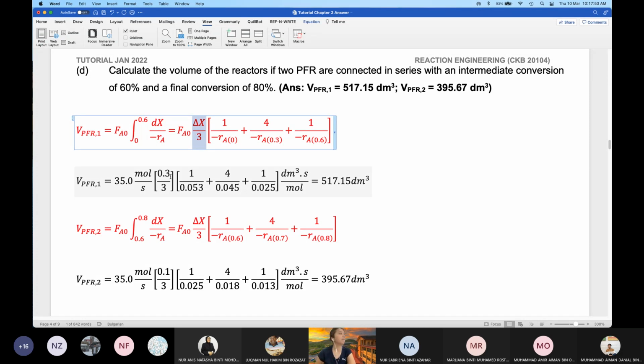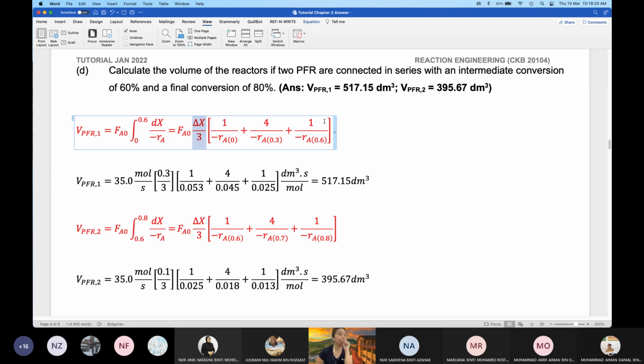Divided by 3. In the bracket, 1 per minus RA at my lower limit, which is X0, plus 4 per minus RA at my middle X, which is 0.3, plus 1 per minus RA at my upper limit, which is 0.6.